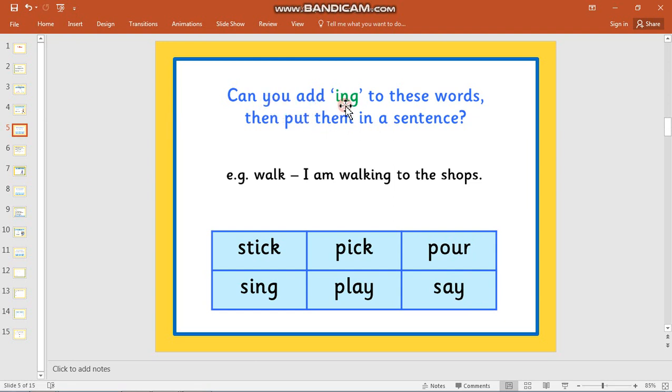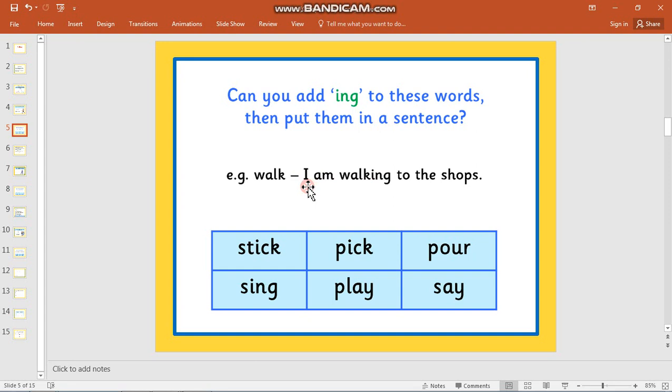Can you add ing to these words, then put them into a sentence? Here is an example. Walk, I added the suffix ing at the end, so walk becomes walking.